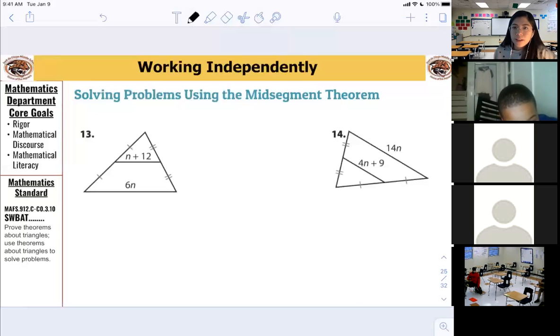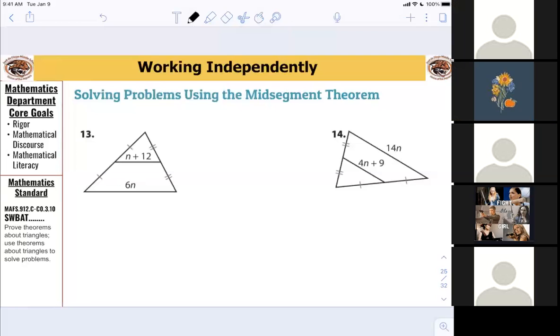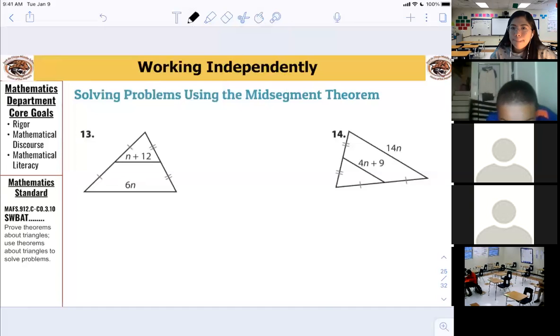Okay, number 13. Who can tell me what do I do? What's the equation I'm setting up? 6n is equal to 1/2 of n plus 12.